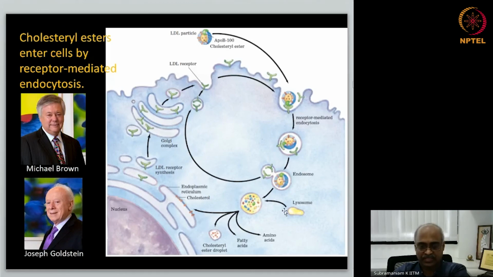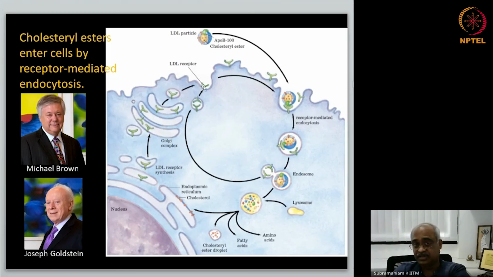They fuse to lysosomes, which contain hydrolytic enzymes, and they cleave the proteins like the apoprotein itself into amino acids. Okay, and that goes into the central amino acid pool.